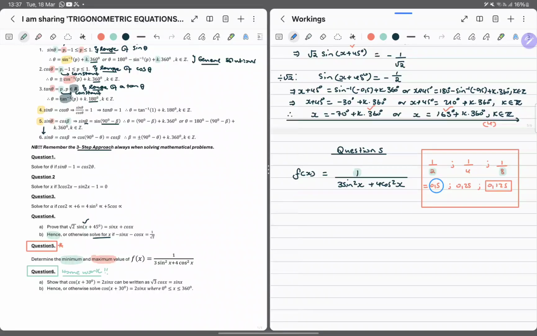For us to say the minimum value of this entire function, it means the denominator must be the minimum for this to be a maximum. But for this to be a minimum, the denominator must be the maximum. Okay, so remember, these are things to note before you solve anything.